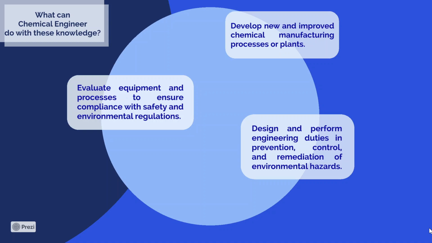Last but not least, with the knowledge of occupational safety and health and pollution control engineering, we will be able to design and perform the engineering duties in prevention, control, and remediation of environmental hazards.